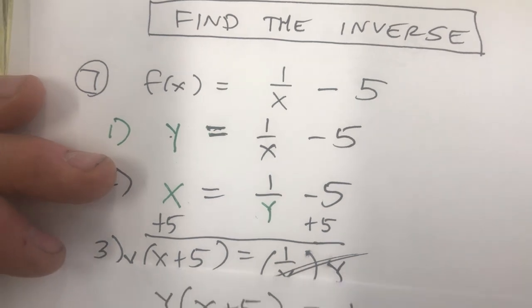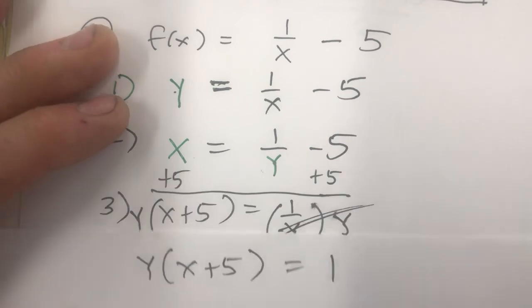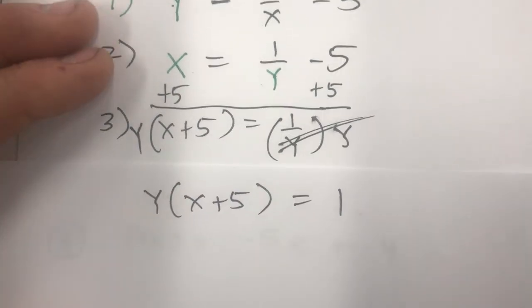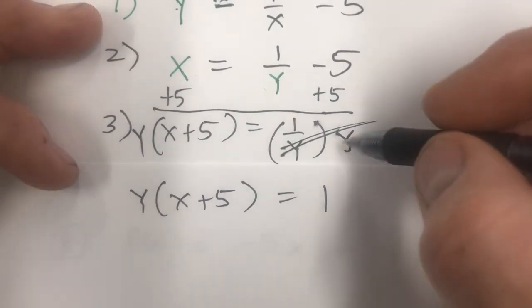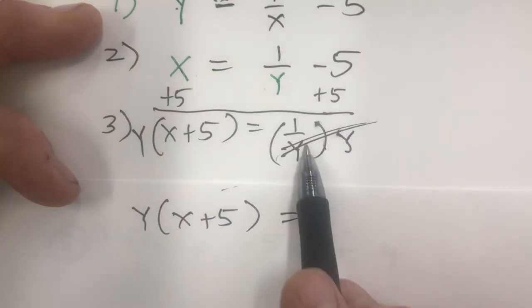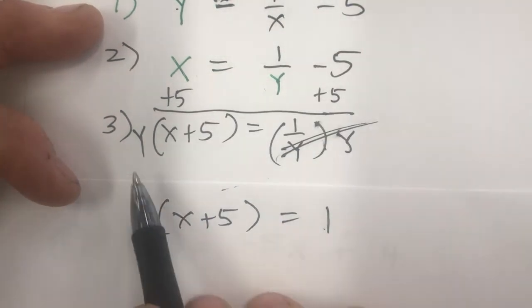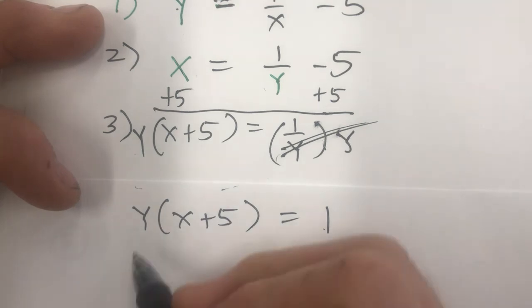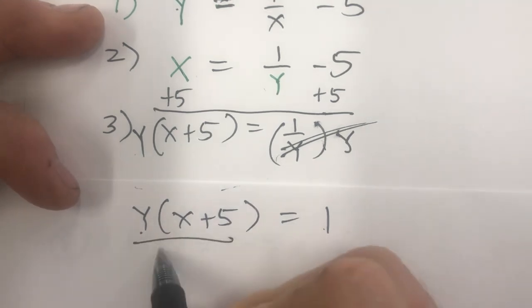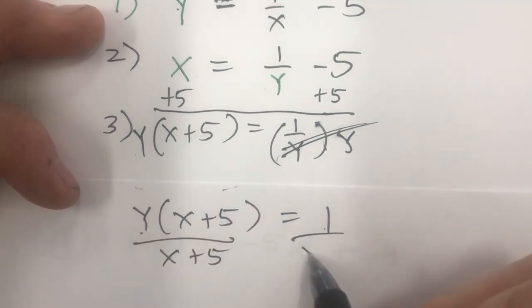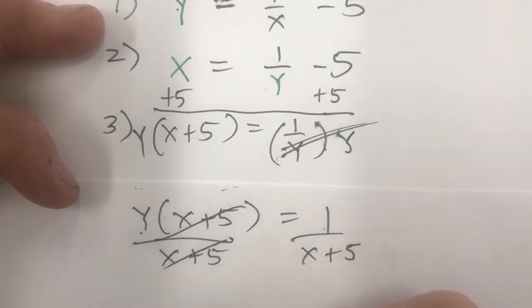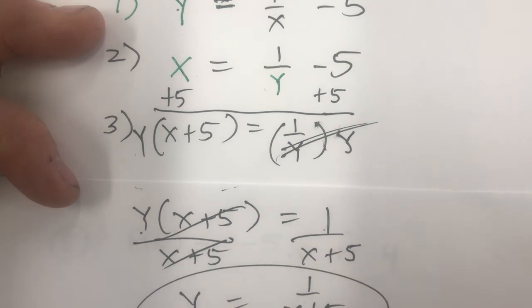Let me do this again, I didn't realize it's off the screen here. So I multiply both sides by y, make this cancel, so I just have 1. And I have y times x plus 5. Now I'm going to divide both sides by x plus 5. This cancels off, and y equals 1 over x plus 5. And there you go, I solved for y.